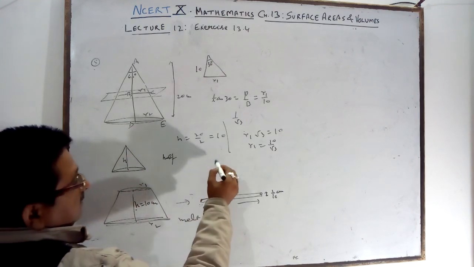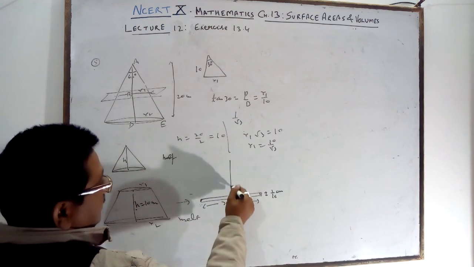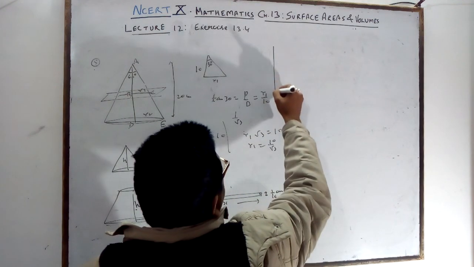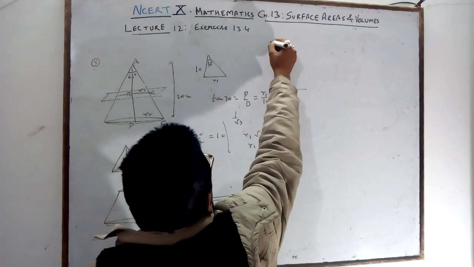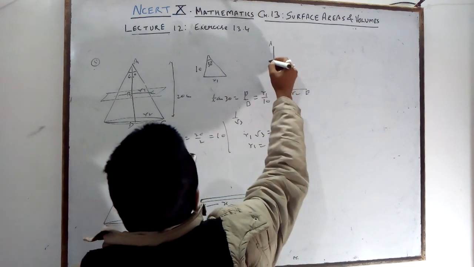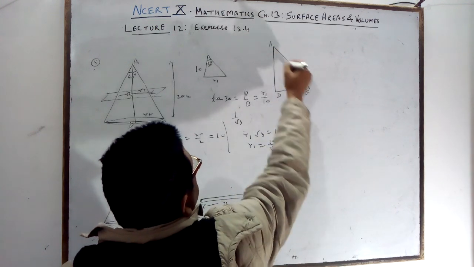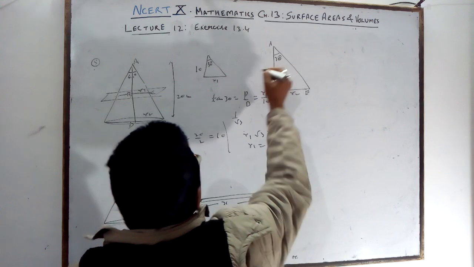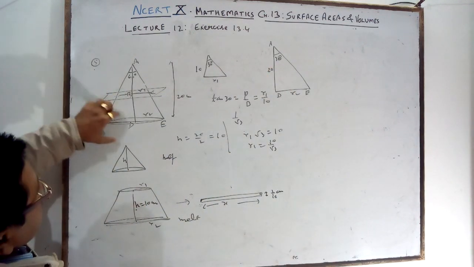Same thing you apply in this big triangle. What is the big triangle? Here is the big triangle, it is called ADE. It is R2. Here the angle, how much? 30 degree, because of the vertex angle, apply the trigonometry. The height is 10 and 10, total height is 20.